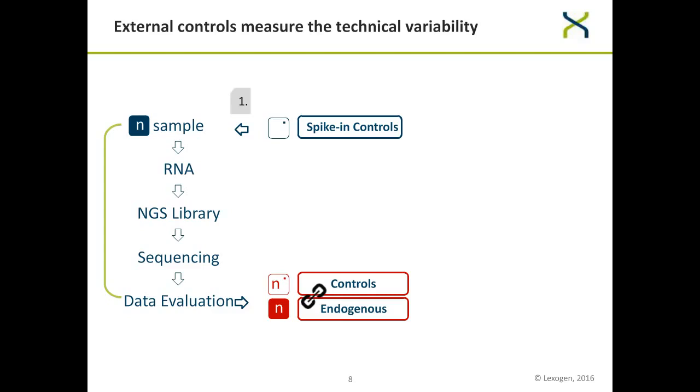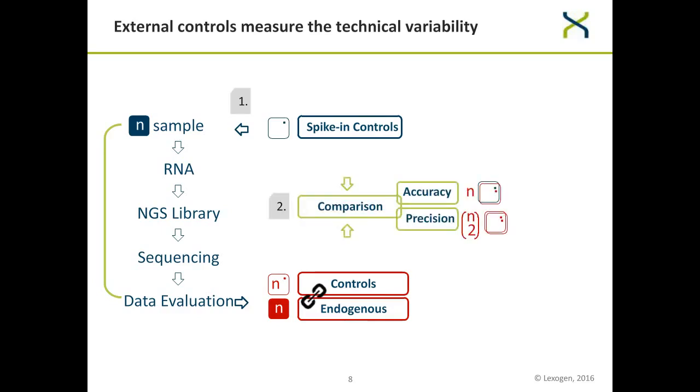These controls now are treated the same as the endogenous RNA, and it means that actually the characteristics are tightly linked. However, at the level of the alignment, you can now separate the reads mapping to the controls, and these can then compare.